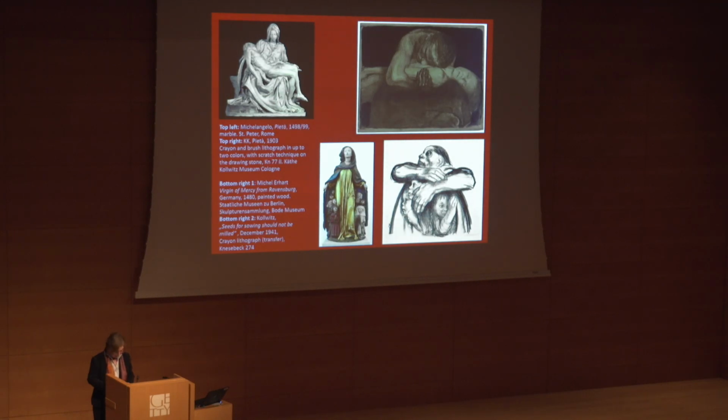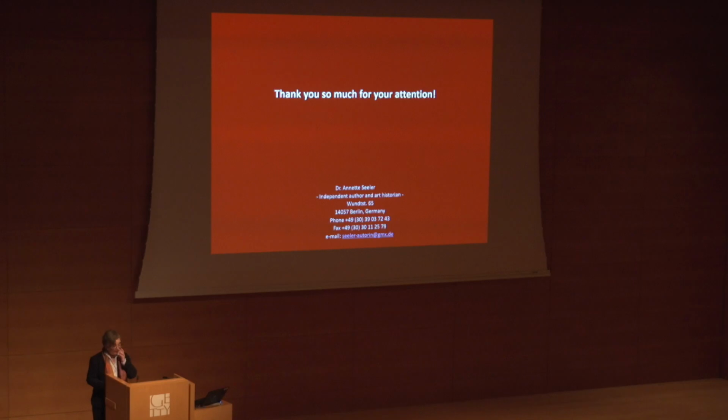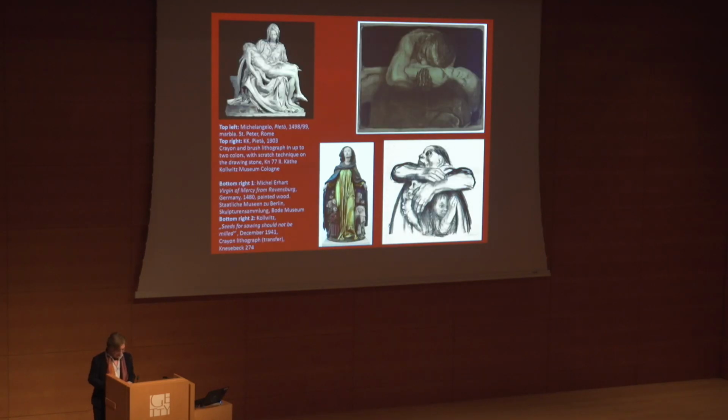Kollwitz could assume that her viewers had the traditional type of picture in their mind on the one hand, and that they were also able at the same time to read the deviations from it on the other, since the comparison of original and copy was a common way of reception in the art reception of the 19th century. For the less educated, the artist uses the means of empathy, with emotions transmitted by body language.